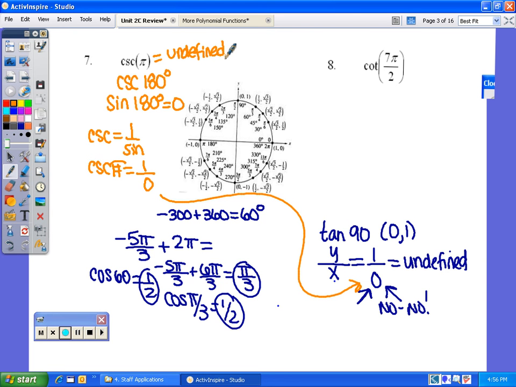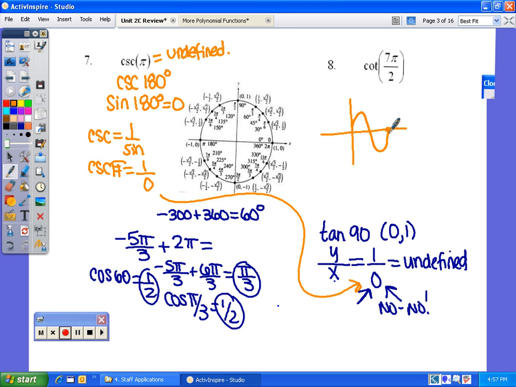Alright, the next one is 7 pi over 2. Yes, I know that 7 pi over 2 is not in the unit circle, but it can be, if we just decided to continue going around the unit circle again. Now, a unit circle can also be your wave, like your sine wave. So if we're going 0, pi over 2, pi, 3 pi over 2, and then 2 pi, then we can keep going.